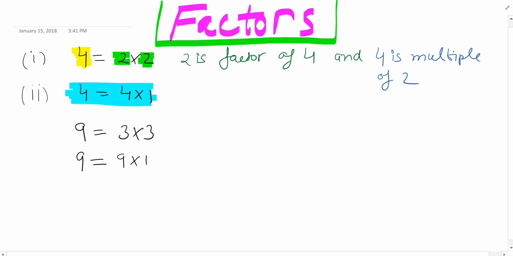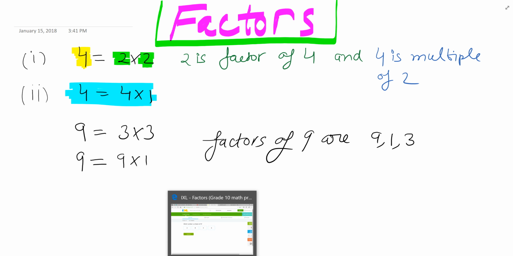So we have two factorizations, and how many factors do we have for 9? We have 2 factors. Actually 3. You see, 1 is also a factor. So the factors of 9 are 9 itself, 1, which is always a factor, and the non-trivial one, 3. So we have 3 factors.